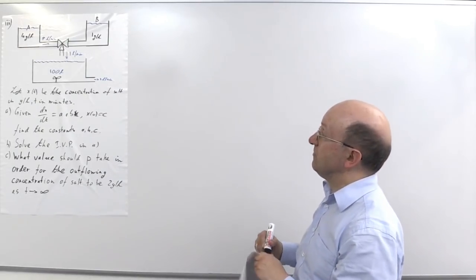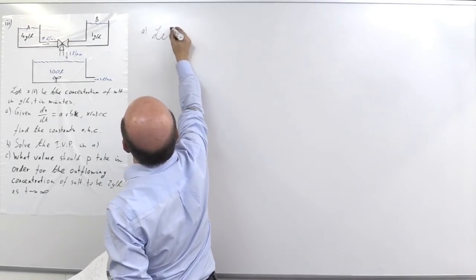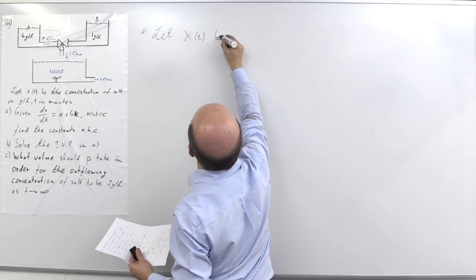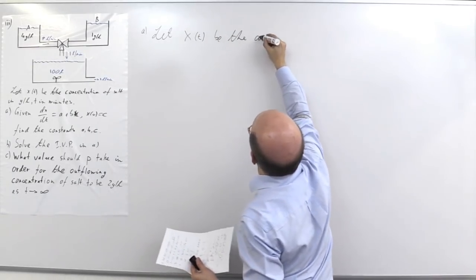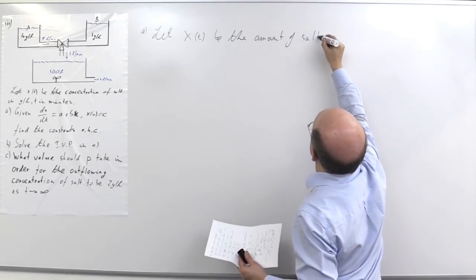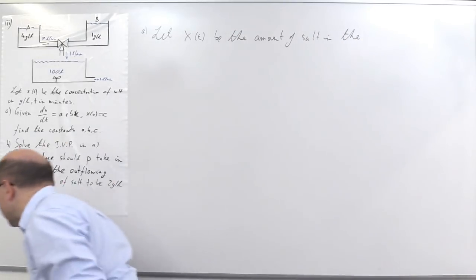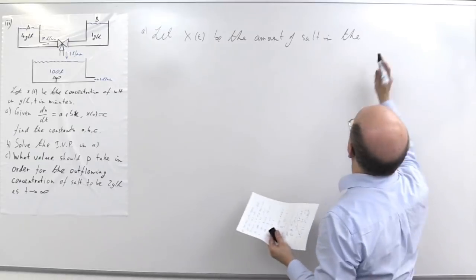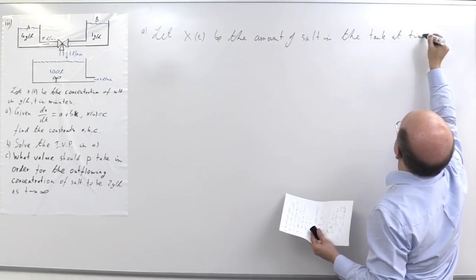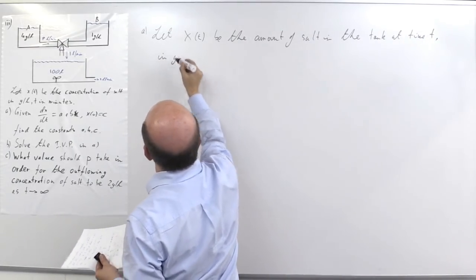So I'm going to introduce a new variable, and I'm going to use a capital X. So let's let capital X of t be the amount of salt in the tank, A and B are the reservoirs, in the tank at time t, measured in grams.